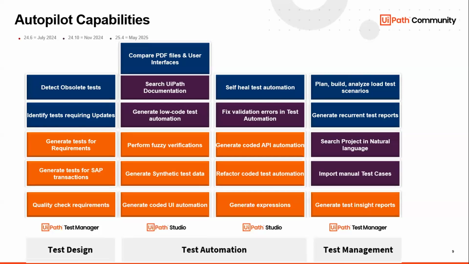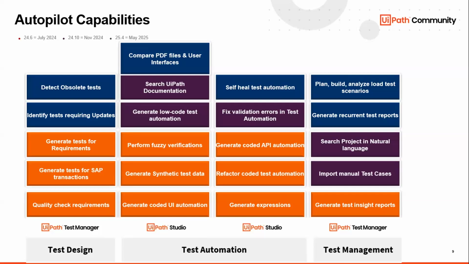The next capability we have is test management, where it will help you generate the test insight report. We all know how important a test insight report is, right? It gives the details of which test cases have failed, but traditional reports only show what has failed, and never show why it has failed.